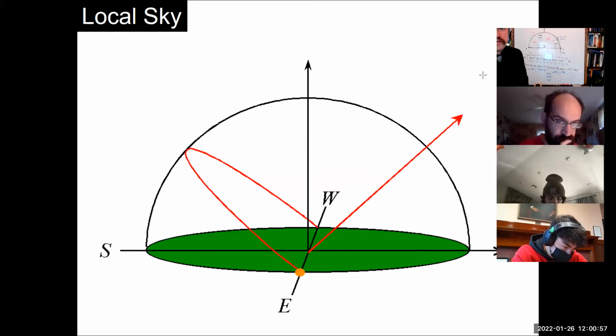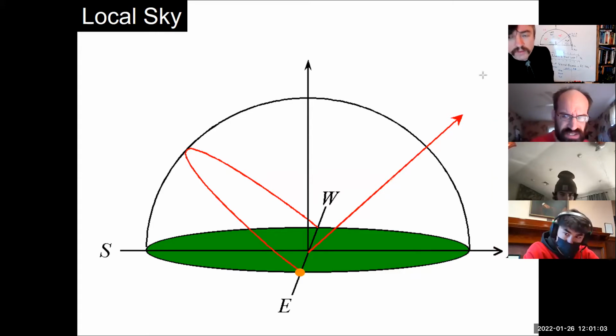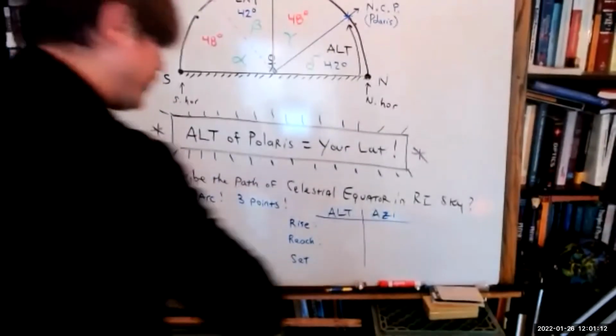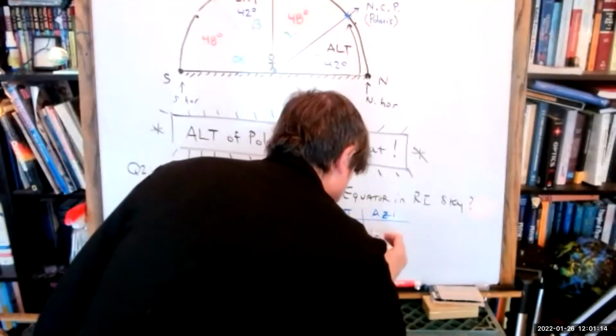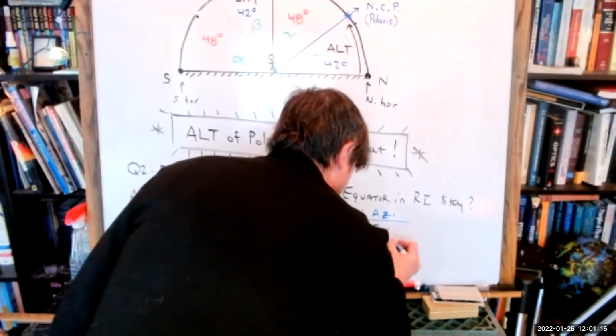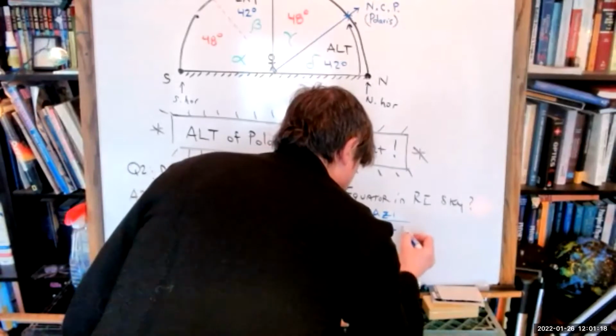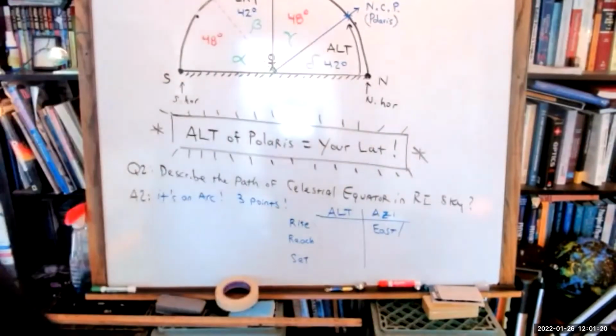Use your skills, use your noodle. The azimuth would be east. Okay, I would accept east as an azimuth, Daniel. That would be fine. Could you also tell me the numerical azimuth as well, so that we can see that there's 2 different ways to do this? According to my notes, it's due east, so it's 90 degrees. Good.